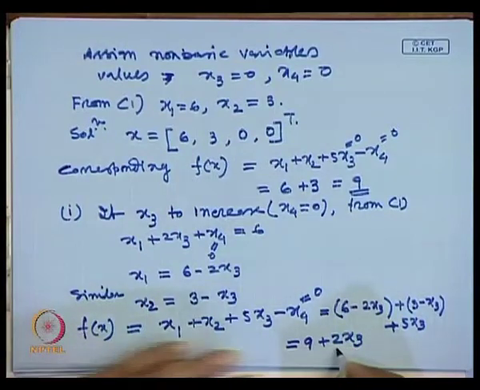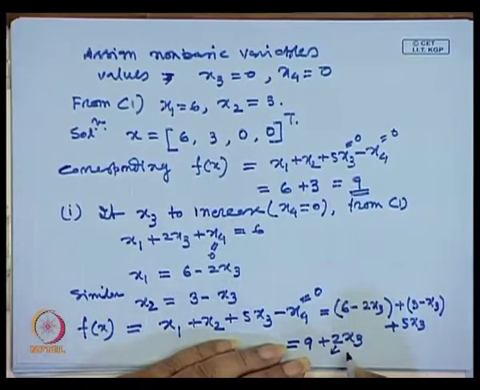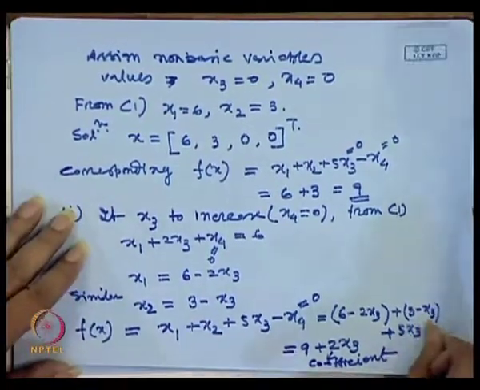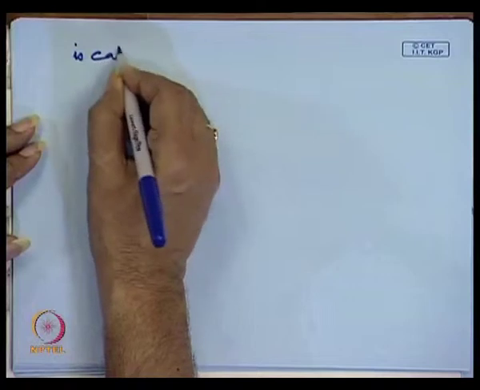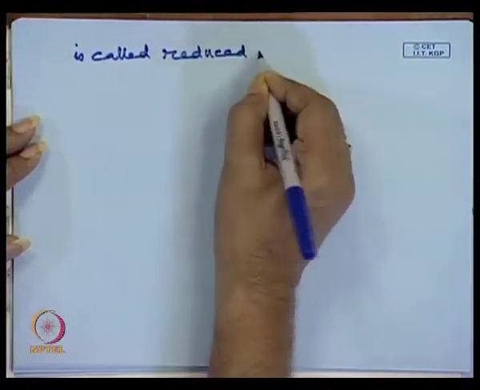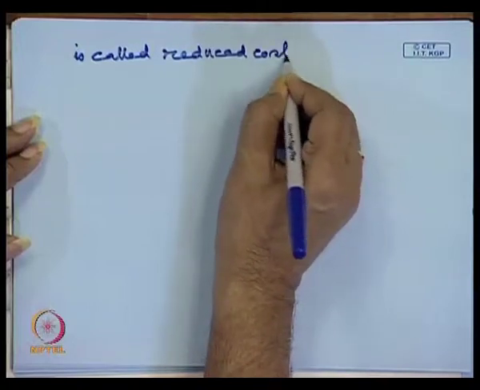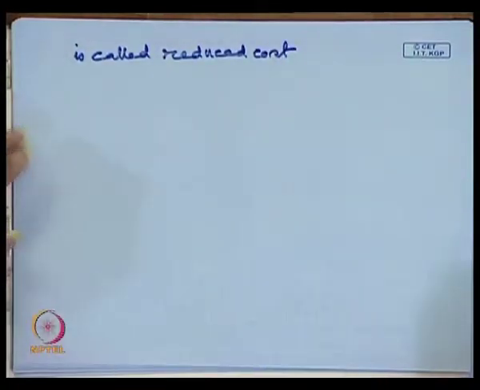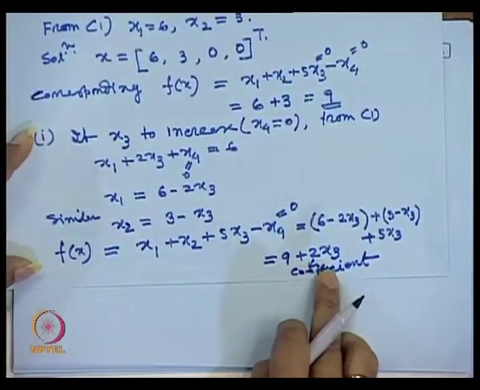This coefficient associated with the variable which is converted from non-basic to basic variable is called the reduced cost. Now, look at this expression, this is not reducing the cost.